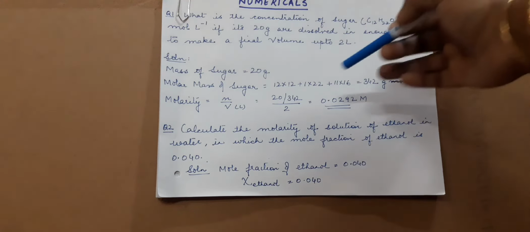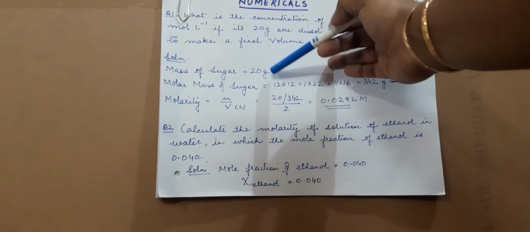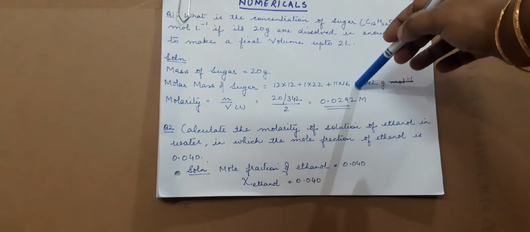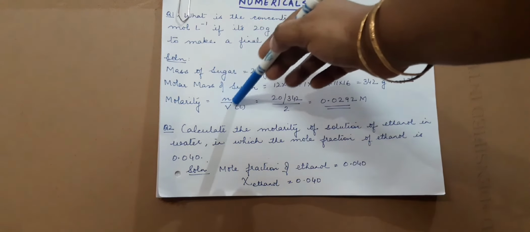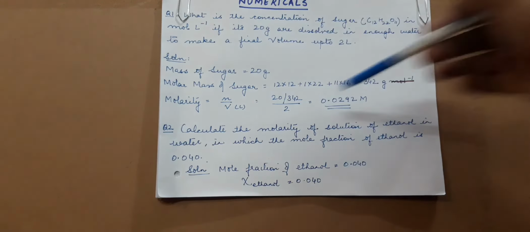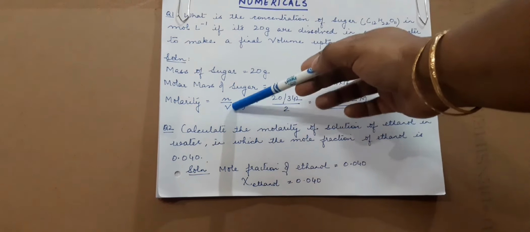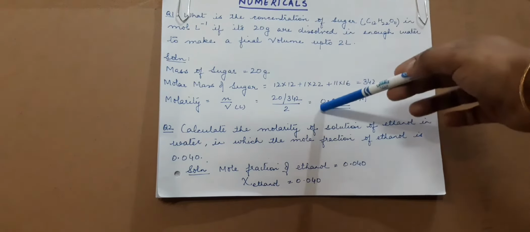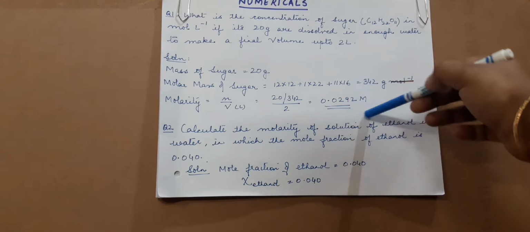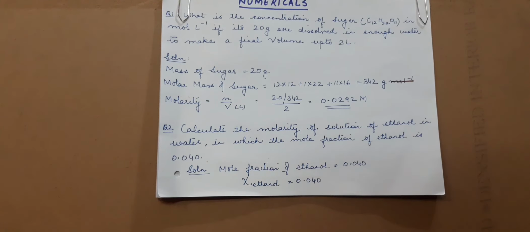Now, mass is given as 20 grams and molar mass of sugar is 342. That is what we have calculated. So, number of moles, that is n value, would be 20 divided by 342. And that value divided by volume in liters, which is given as 2, would be your molarity. Molarity I have written as M, which means this many moles per liter.